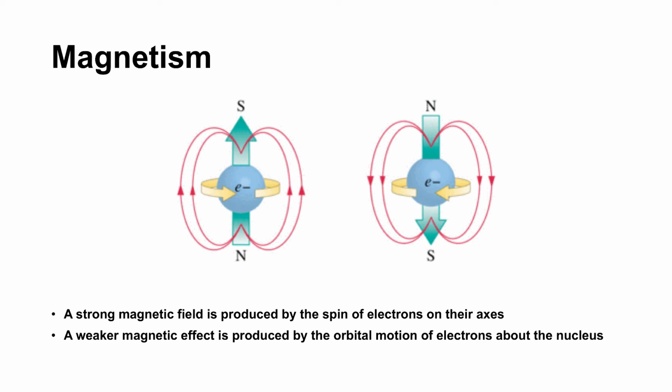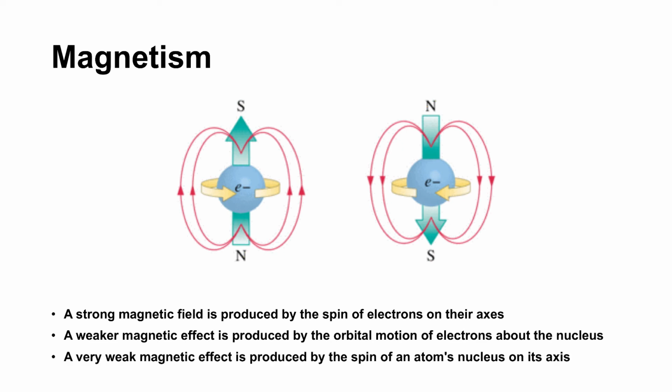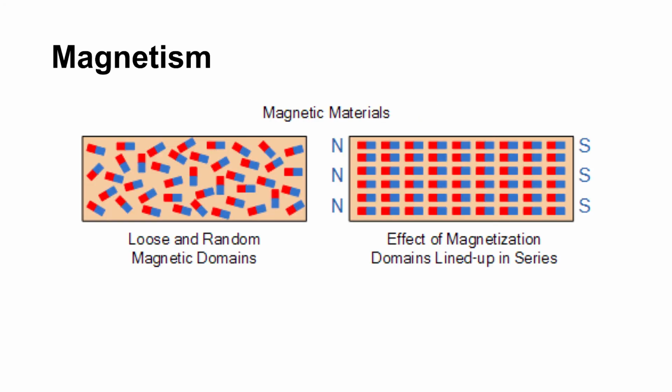If they're moving clockwise around the nucleus, then the orientation would be down. And then lastly, the spin of the nucleus produces a very weak magnetic effect. So you have these three ways in which magnetism is generated, the genesis of the magnetic field.